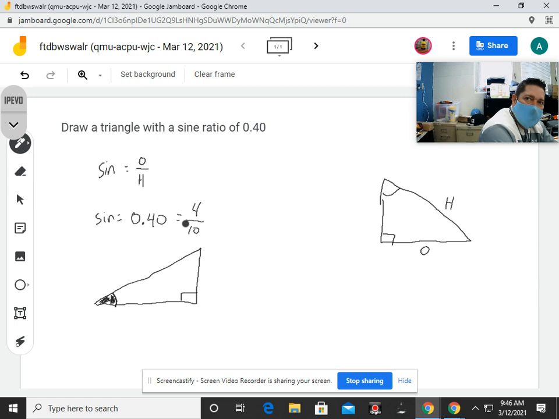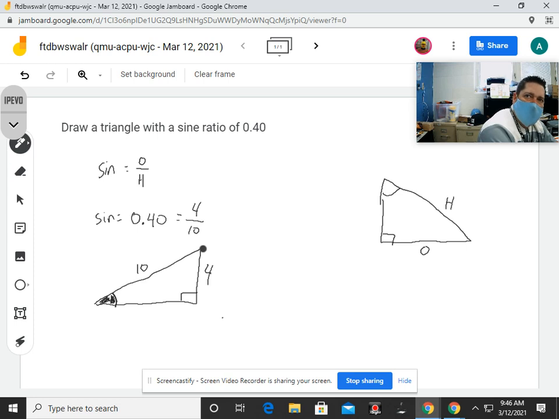So from this angle, the opposite is 4, the hypotenuse is 10. That was easy. I feel so dumb now.